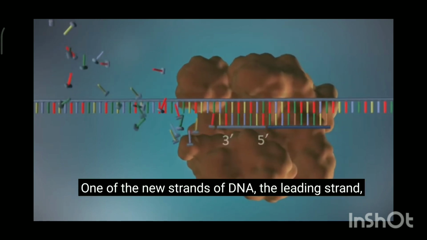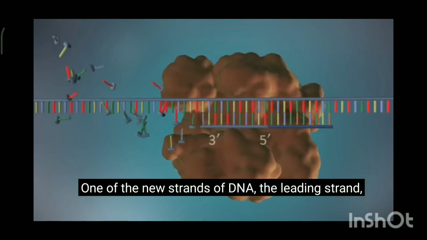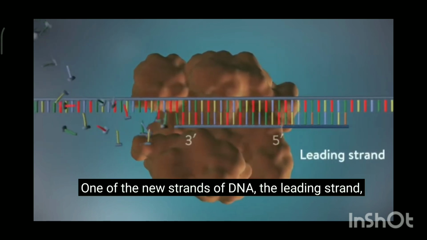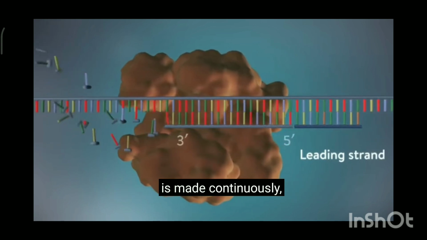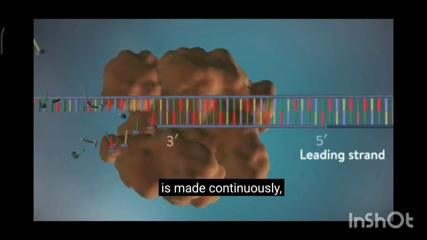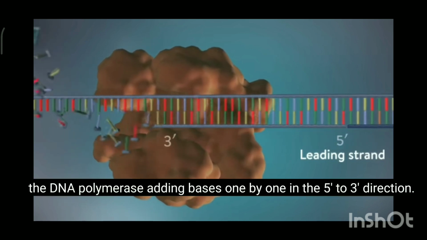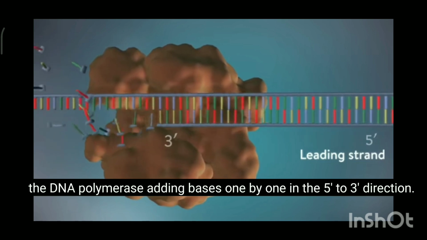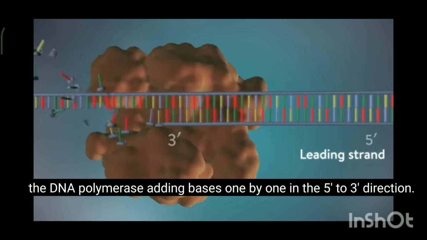One of the new strands of DNA is the leading strand. On the leading strand, the DNA polymerase adds the bases one by one in the 5' to 3' direction.